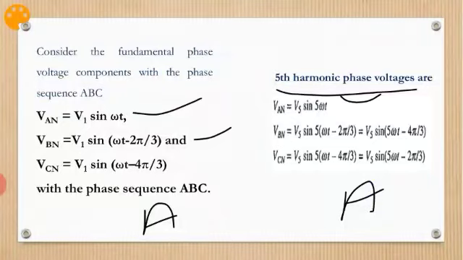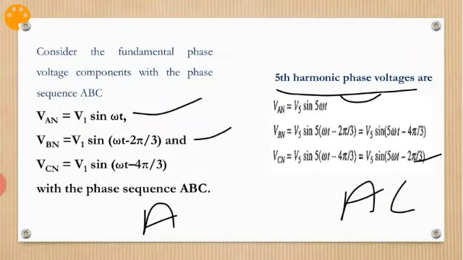Similarly, the phase voltage VCN is here, it is the B. So this is ACB. Sorry, this is ABC for the fundamental, and this becomes ACB.